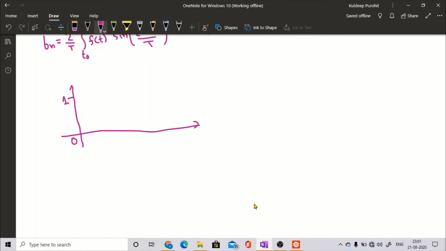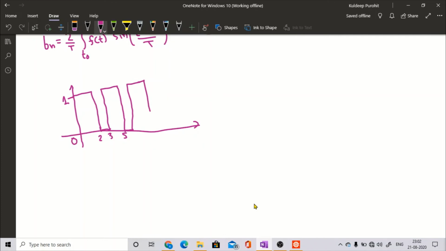So it remains 1 up till 2, and then at 3 it again switches to 1, and then it remains for 2 seconds, then it again falls back. So it is 5 now, and again at 6 it will increase.